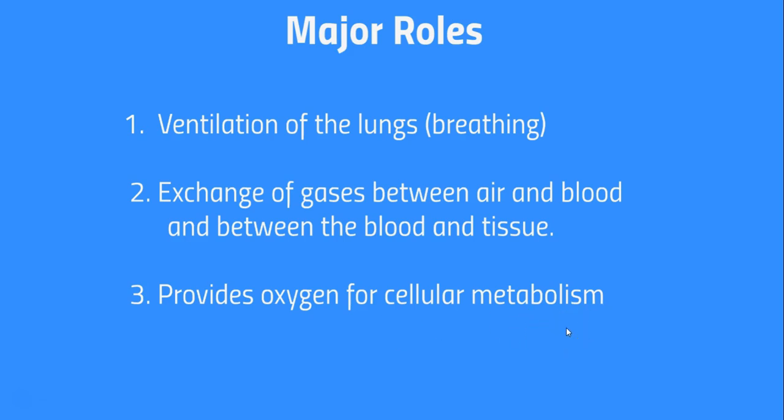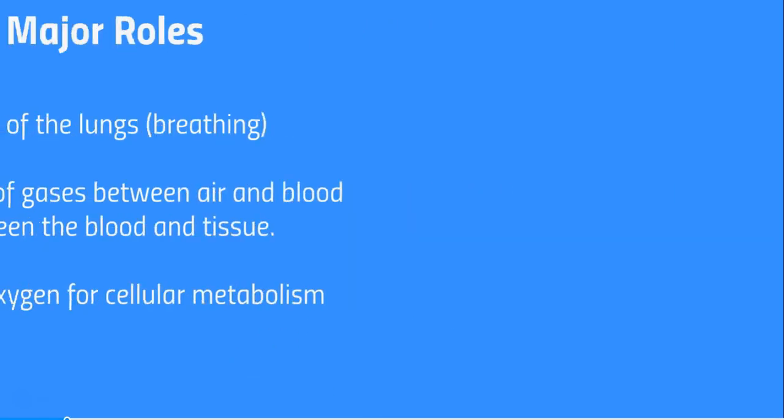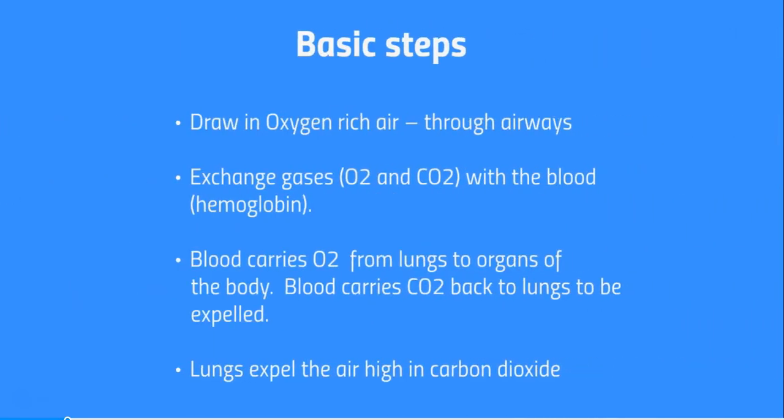So the first thing we need to realize is that every single cell of the human body needs a constant supply of oxygen to stay alive. And we provide that through the respiratory system. You're probably familiar with the basic steps of breathing, but we draw in oxygen-rich air through our airways. A general cleansing of that air occurs as it goes through the initial structures.